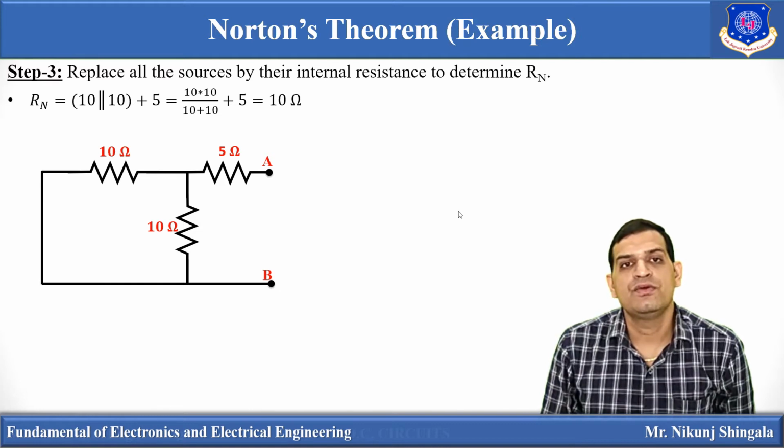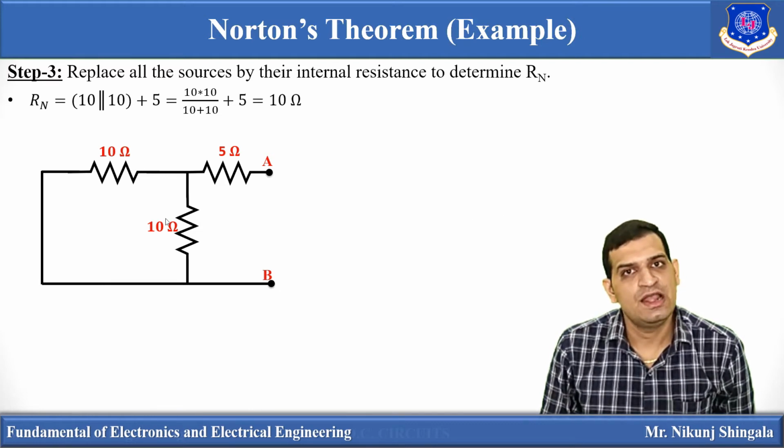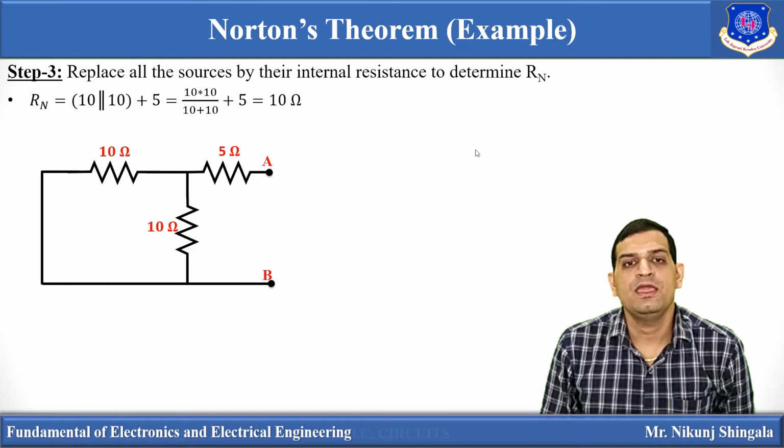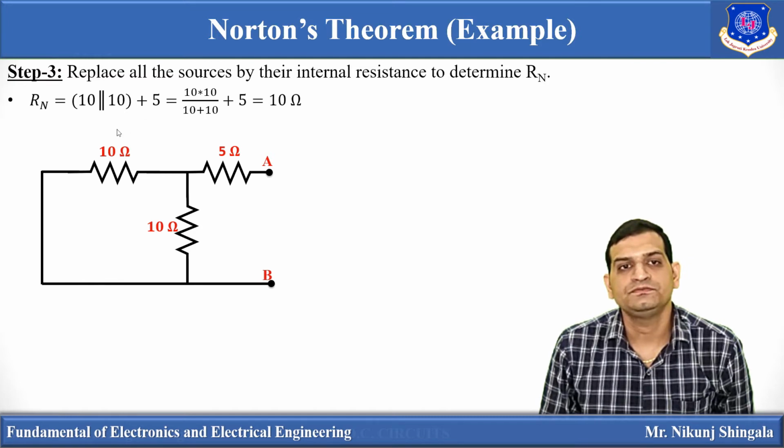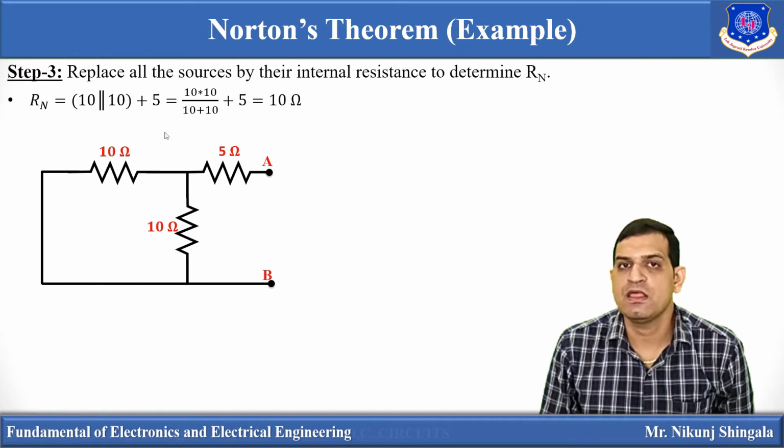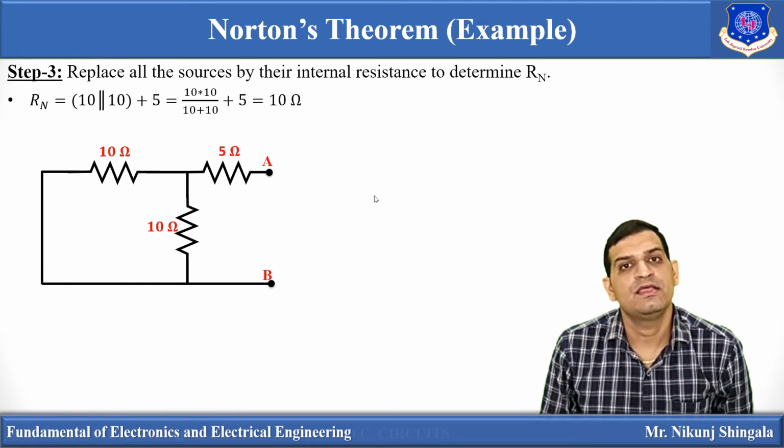So we are looking from right to the left side. So RAB is equal to 10 parallel (10 plus 5). 10 parallel 10 is nothing but the 5, 5 plus 5, that is 10 ohm. So equivalent resistance of the network RN is nothing but the 10 ohm.